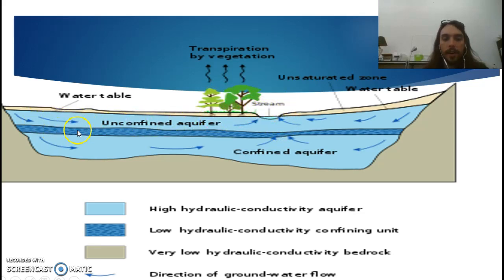But then we've got a layer of some sort of sand or something. It's a low hydraulic conductivity confining unit. So that's just a really complicated way of saying water can't really go through this layer all that well. So that's how we get this confined aquifer down here. We have a layer where water can go down slowly through this layer right here, and it goes up very slowly as well.